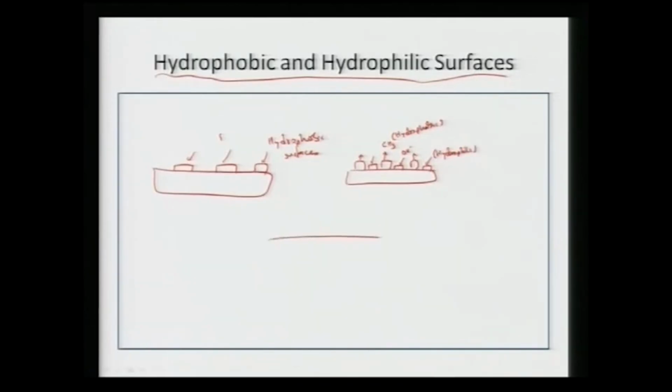So, in case we want to impart a dual functionality to a material, we want certain regions to be hydrophobic and other regions to be hydrophilic, we can impart that particular functionality. So, now this particular material can be tailored accordingly, whether we want to capture hydrophobicity or hydrophilicity.